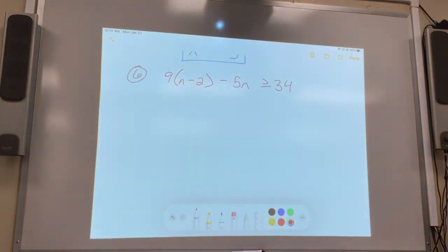So you just put minus 18. Yeah, this isn't supposed to be here. Get rid of that. Well, it's actually minus 5, so you gotta subtract it.